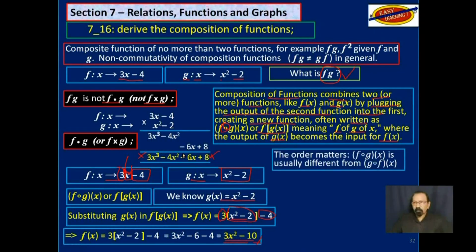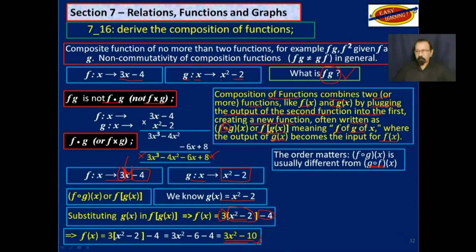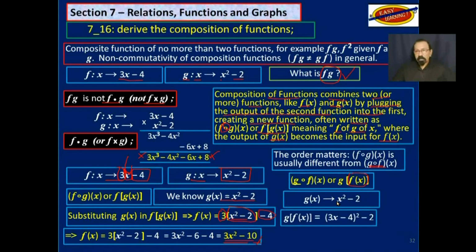But let's go a step further and deal with g of f of x. So we want g of f of x. So now we are going to substitute f of x in f of g. We know f of g is that where this x is, we will take it out and put in f of x, which we know is 3x minus 4.